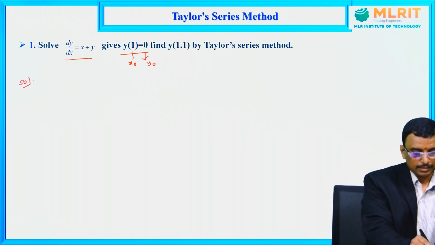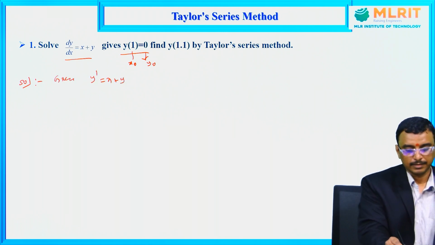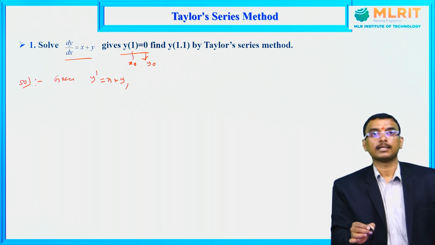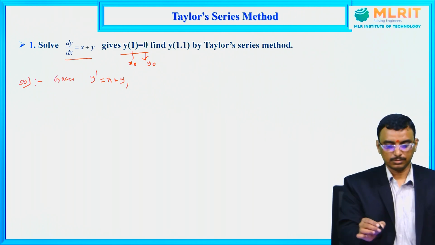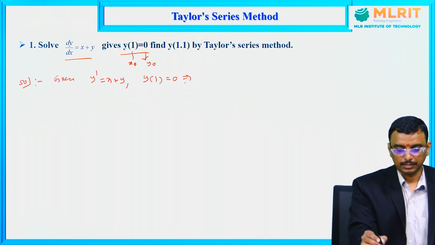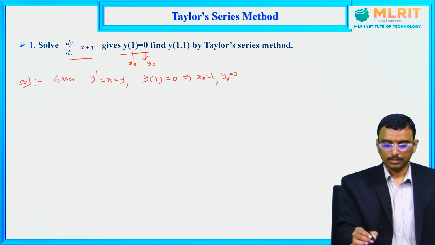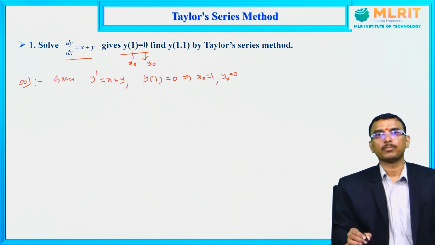So given that y dash is equal to x plus y and the initial condition is y of 1 is equal to 0. So x naught value is 1 and y naught value is 0. Now we have to find y of 1.1.